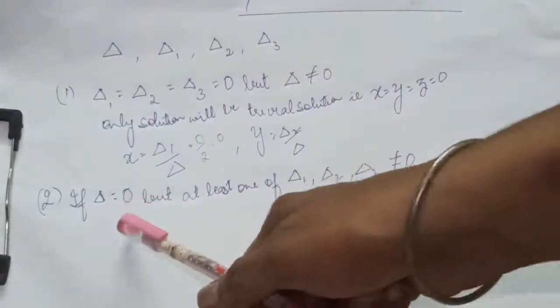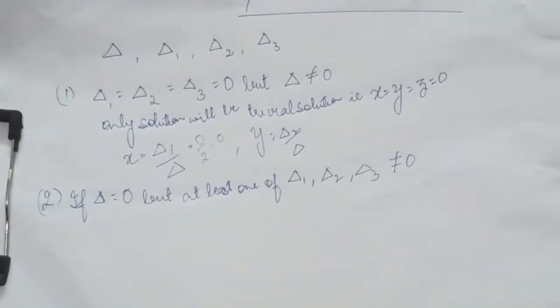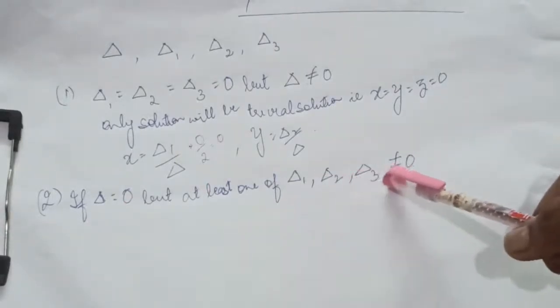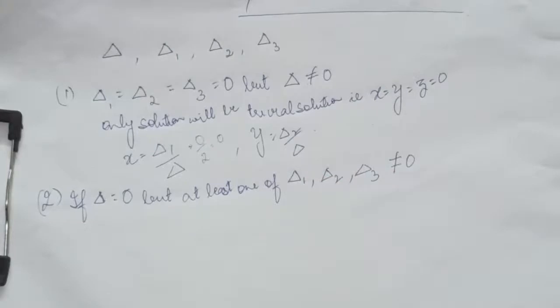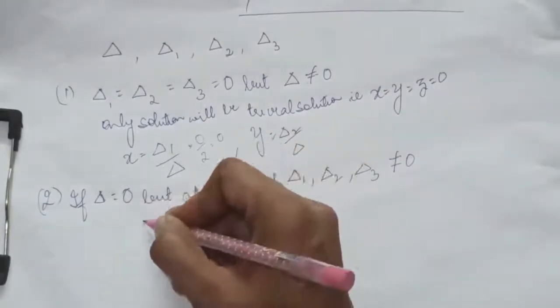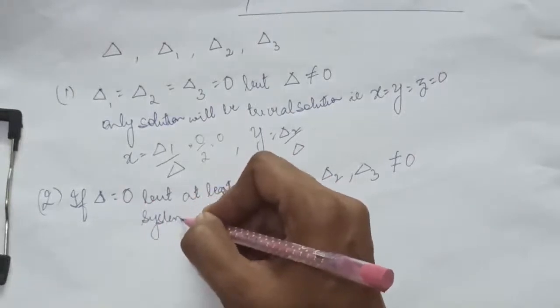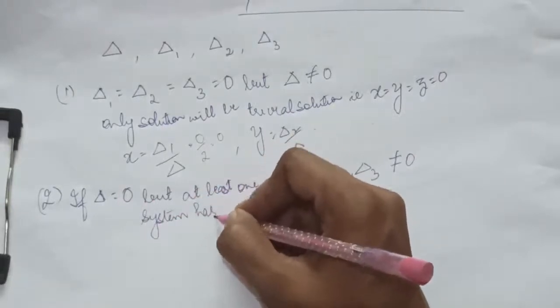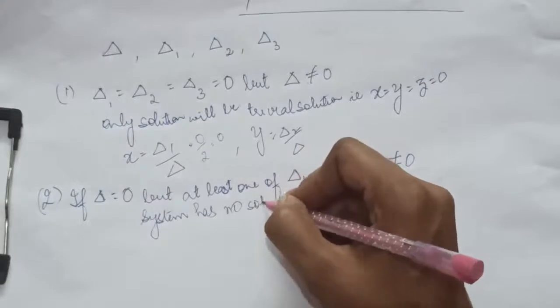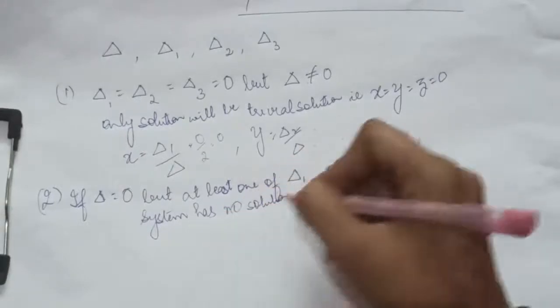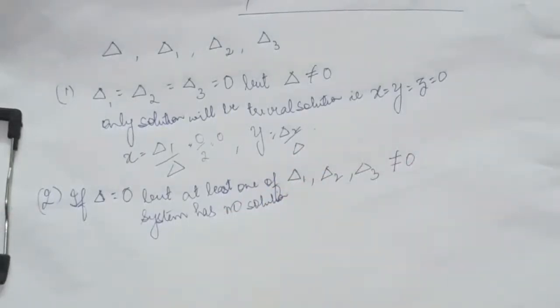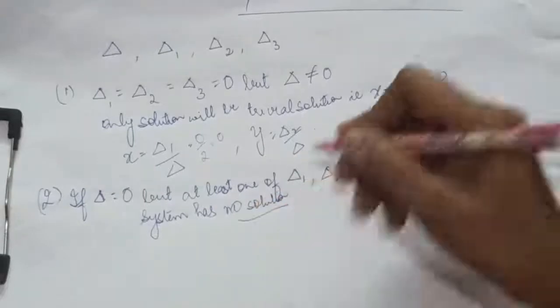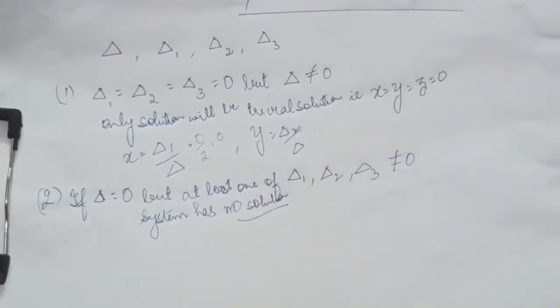Our delta comes out to be 0, but at least one of them, maybe 2 or maybe 3, comes out to be non-zero. So you will simply write the system has no solution, or the set of equations has no solution. Here you will not show any answer, simply write that the system has no solution. This will be our answer.